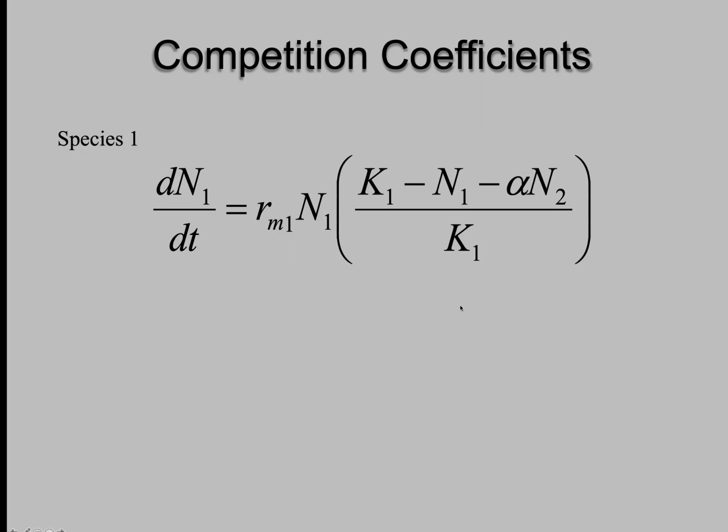All right. So what that's going to mean is that if you have the same amount of N2s as N1s, that's really like having more N2s, right? They're going to use the resources, right? And so what we're essentially doing with these competition coefficients is converting N2 to N1 equivalents, right?